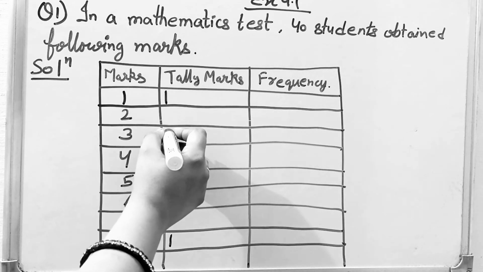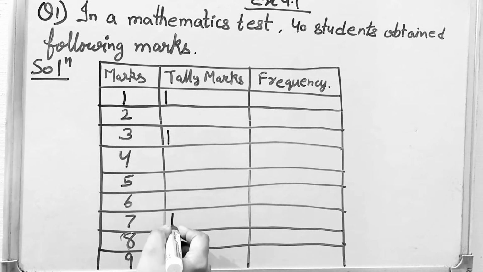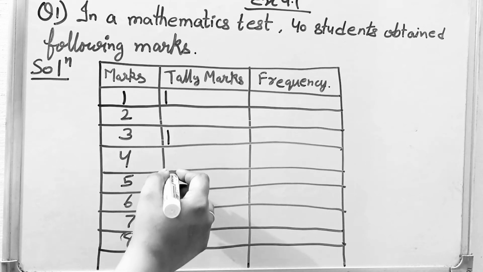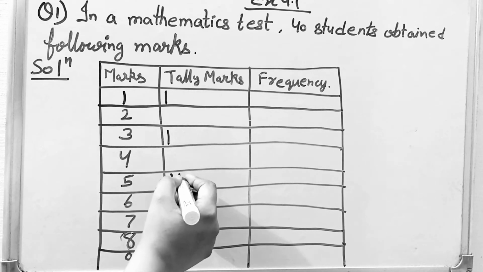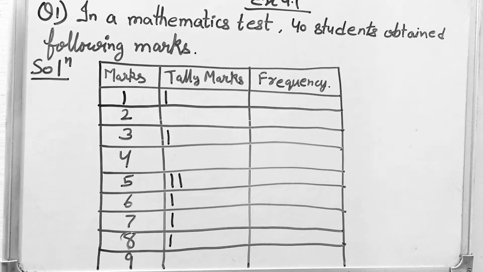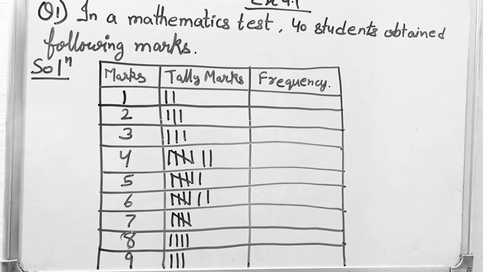Then for 3, 7, 6, 5, then again it is a 5, so the next tally mark will be written in the row of 5 only. So this is how we are going to put all the tally marks for our complete given data. Here I have marked tally marks for all the data.